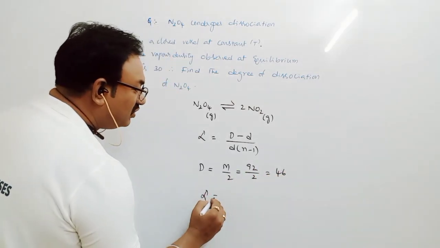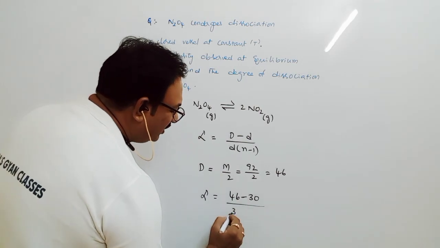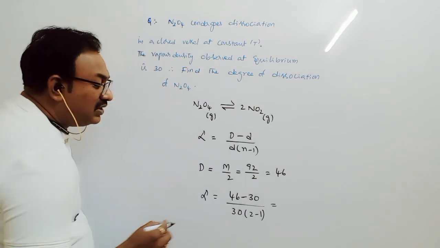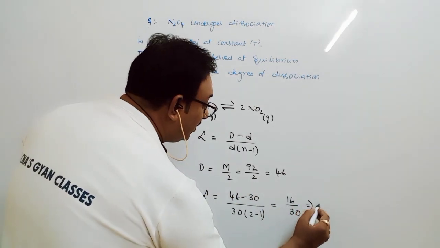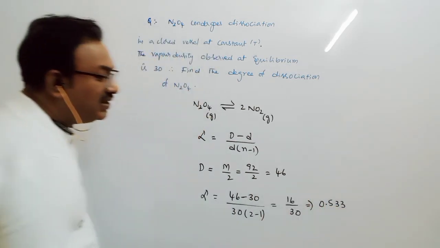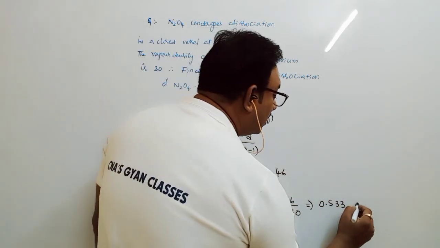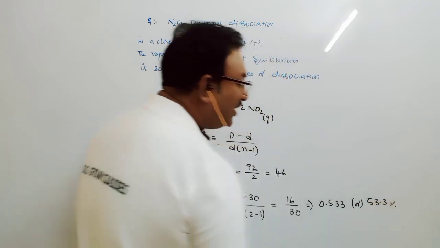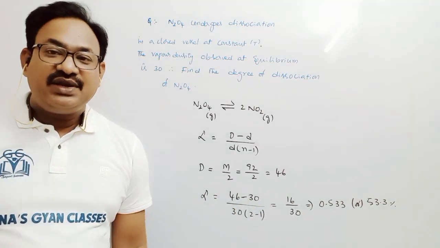So alpha equal to 46 minus 30 divided by 30 into 2 minus 1. Again 16 by 30. That equal to 0.533. Or if they ask the percentage, then we can go with 53.3%. 0.533 or 53.3%.